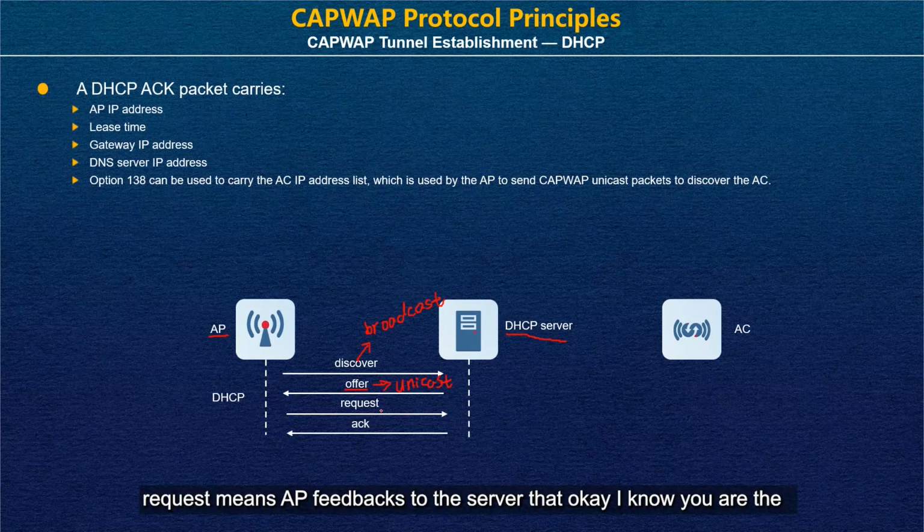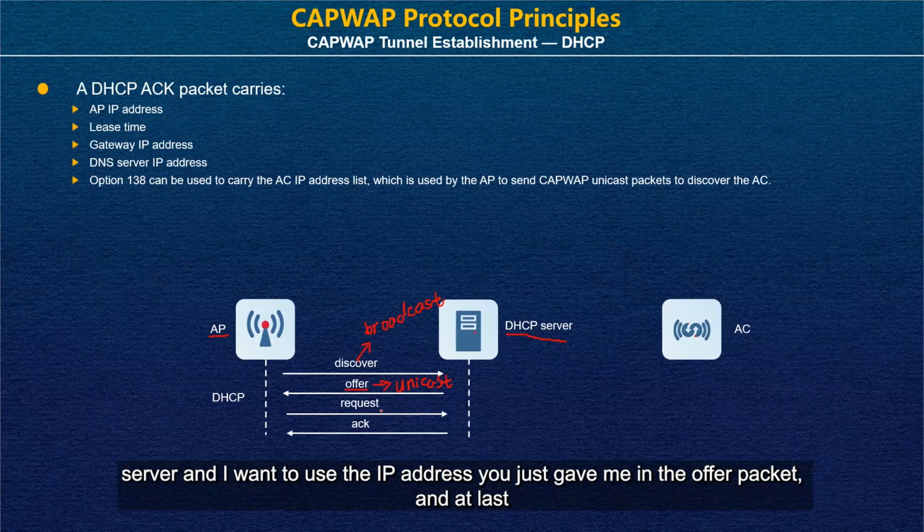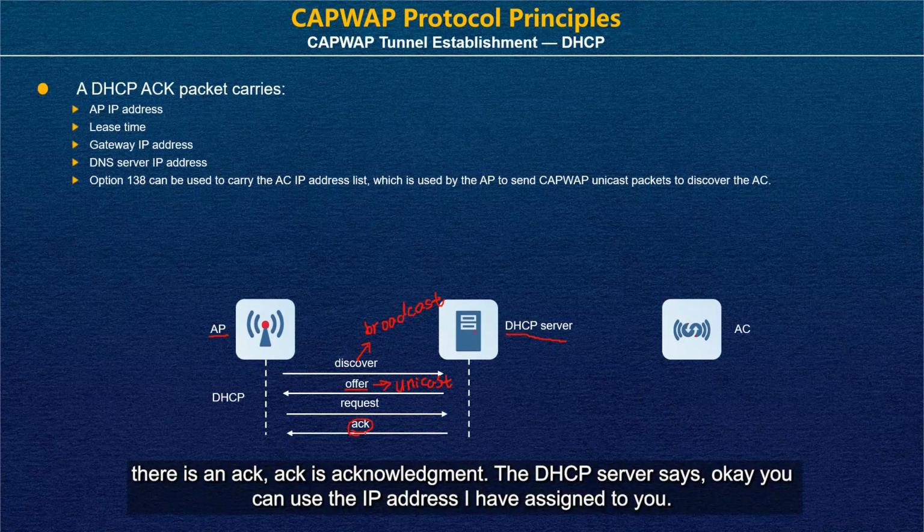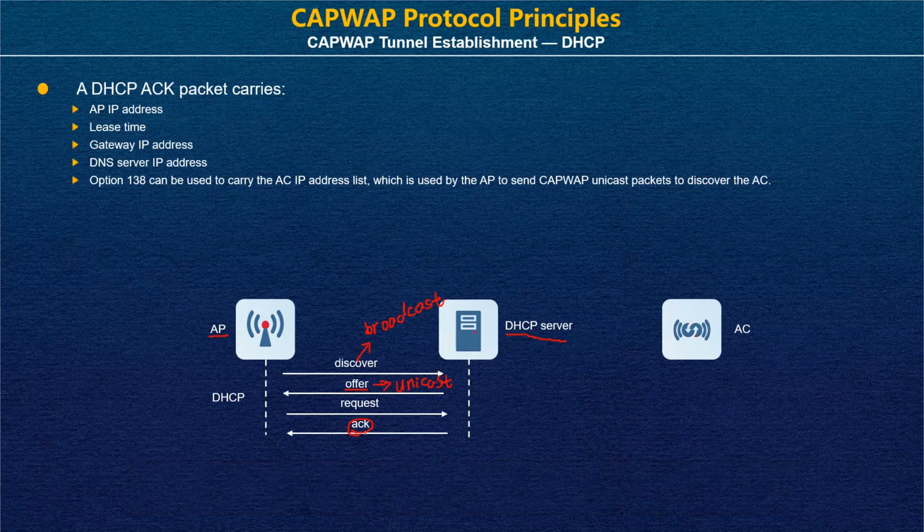Request means the AP feeds back to the server: okay, I know you are the server, and I want to use the IP address you just gave me in the offer packet. And at last is ACK. ACK is acknowledgement. The DHCP server says: okay, you can use the IP address I have assigned to you.